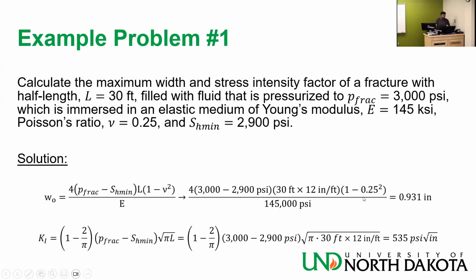P net is basically P frac minus the confining stress, SH mean, times 1 minus 2 over pi times square root of pi L, and you get this 535 psi per square root of an inch, sorry.